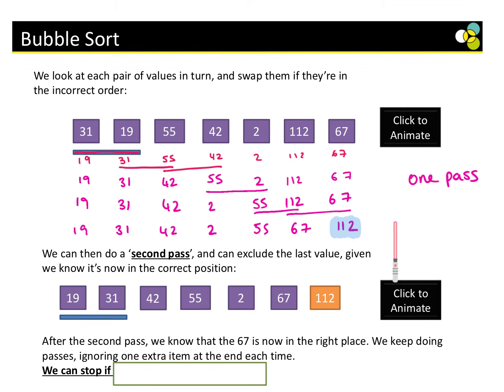So 112 is done. What we can then do is a second pass, but we don't need to worry about the last value, because we already know that it's in the correct position.